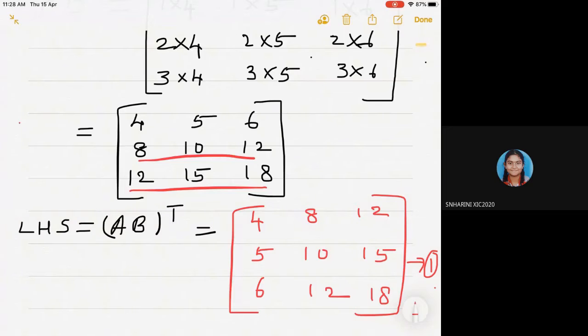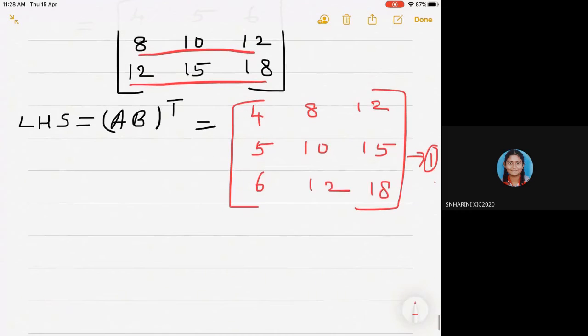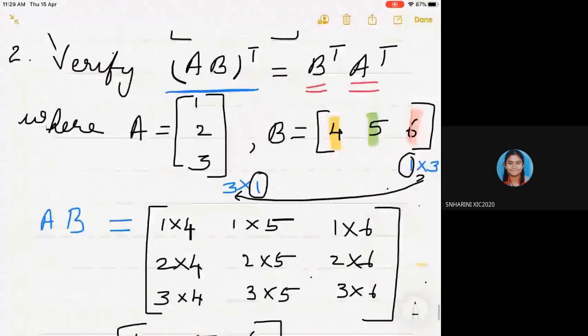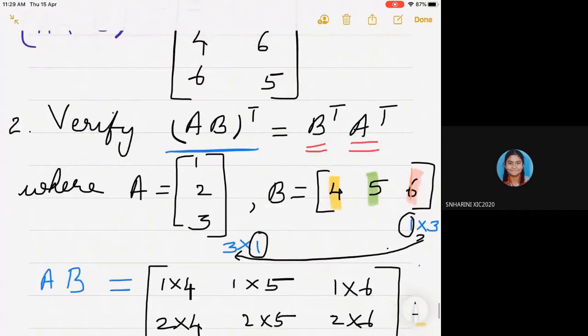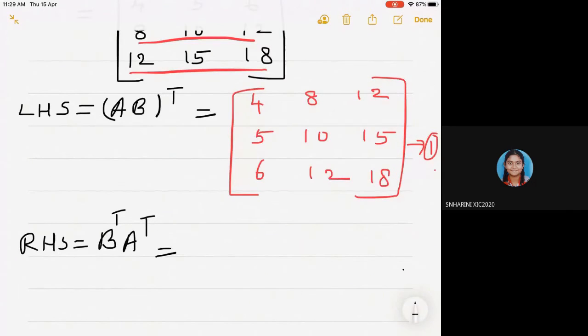Now look at the right hand side of the identity. It is B transpose into A transpose. So now come to RHS, equal to B transpose into A transpose. B transpose, from B you have to find out. This is your B. It was a row matrix 4, 5, 6. Now B transpose becomes the column matrix 4, 5, 6, into A transpose.